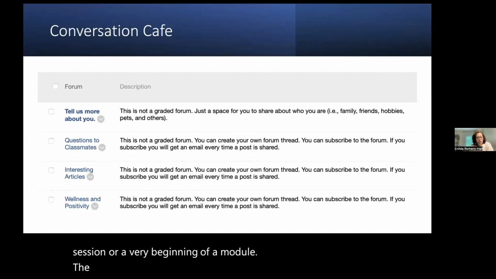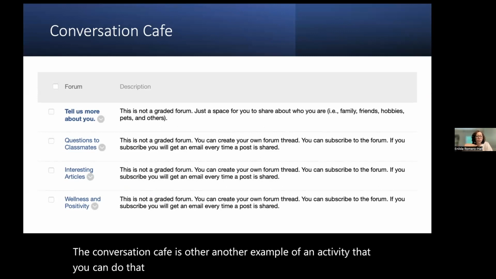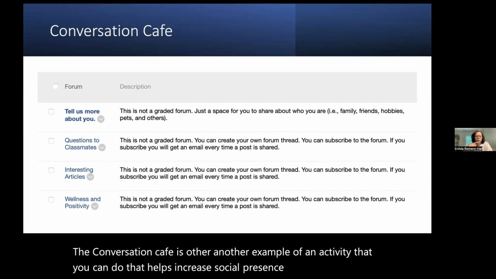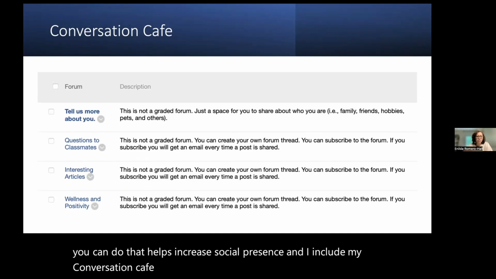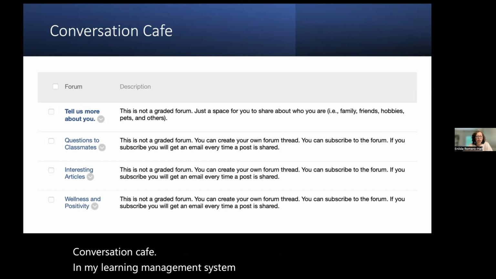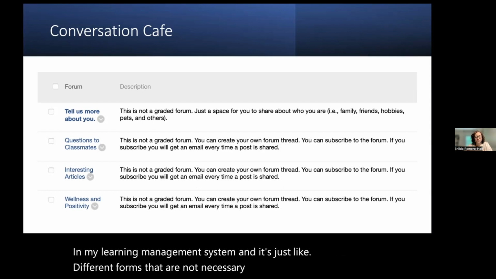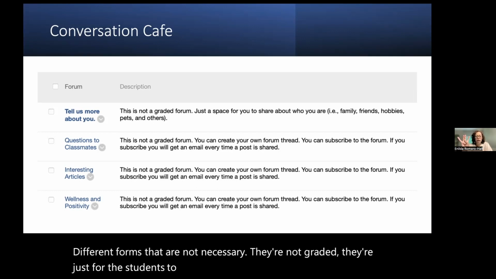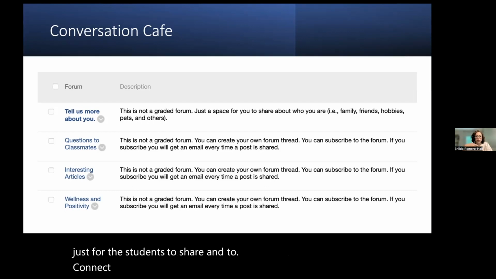The conversation cafe is another example of an activity that you can do that helps increase social presence. And I include my conversation cafe in my learning management system. It's just different forums that are not graded. They're just for the students to share and connect with their other classmates.